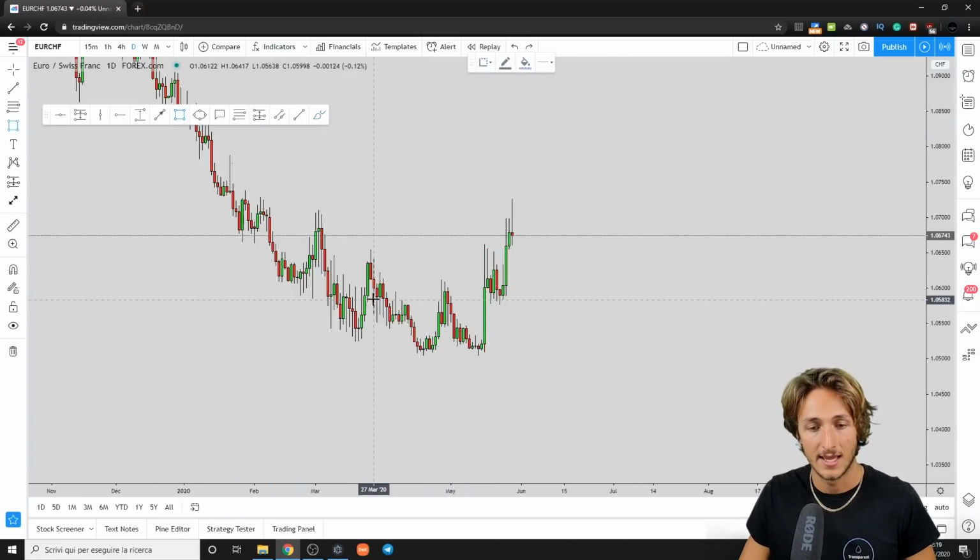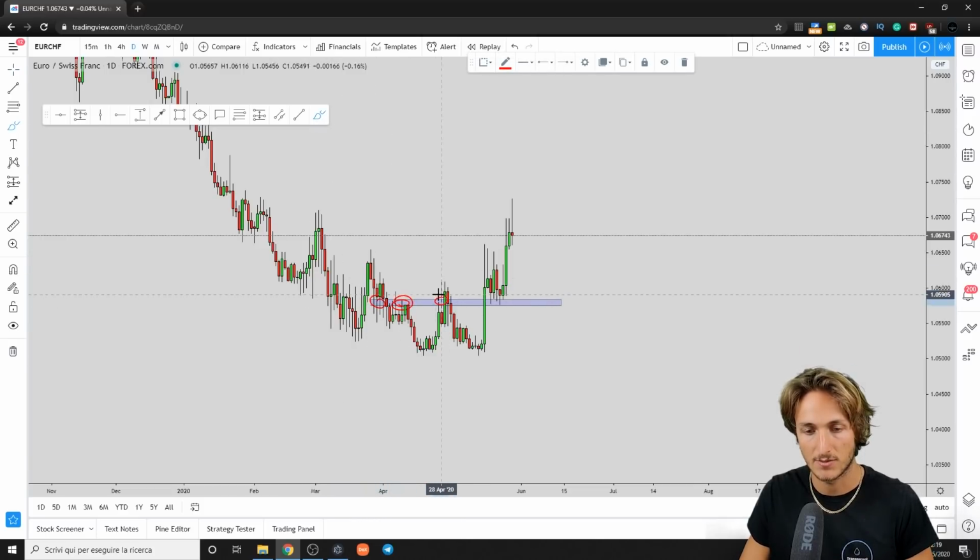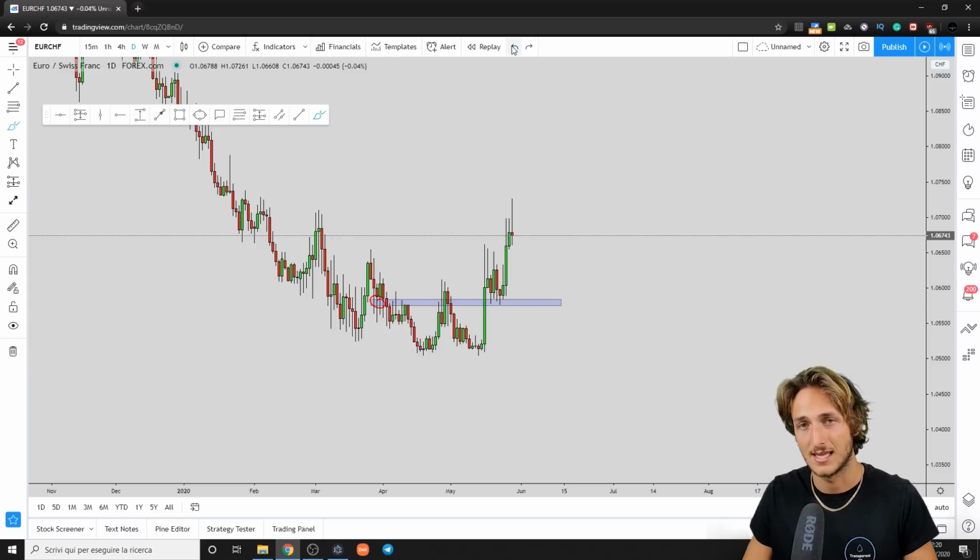Specifically, I said, expect a pullback to this area here. Why? Because it was previous support, now turn resistance, again resistance here. Here there was a fake breakout to the upside, but then again, the market broke it to the upside. And I said, expect a retracement to this area, and then we can definitely be looking for potential buys. And that is what we will be doing with students. You can go and rewatch that analysis, it's in the description.